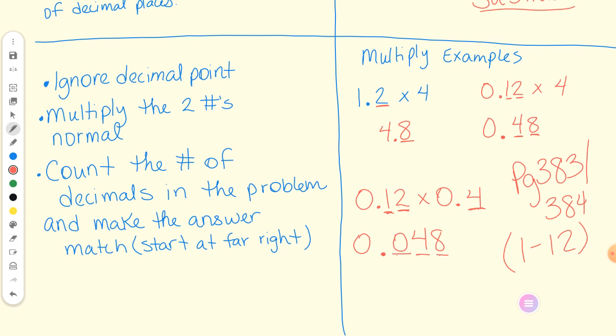It'll say about, or it'll say estimate, or there's one more word. Approximate, okay? This lesson is over estimating. So on problems 1 through 9, what are you doing? Estimating. Show your rounded problem and then your answer. So it's just like last night's homework. Okay?